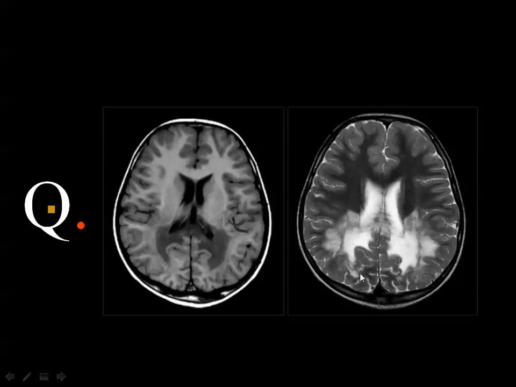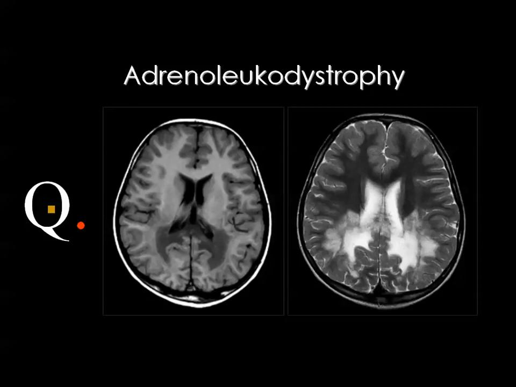There is abnormal white matter signal, especially located around the trigone of the lateral ventricles and in the occipital area, bilateral and symmetric, low signal in the T1, high signal in the T2, and if you inject contrast material, it will show marginal enhancement, and this is diagnostic of adrenoleukodystrophy.